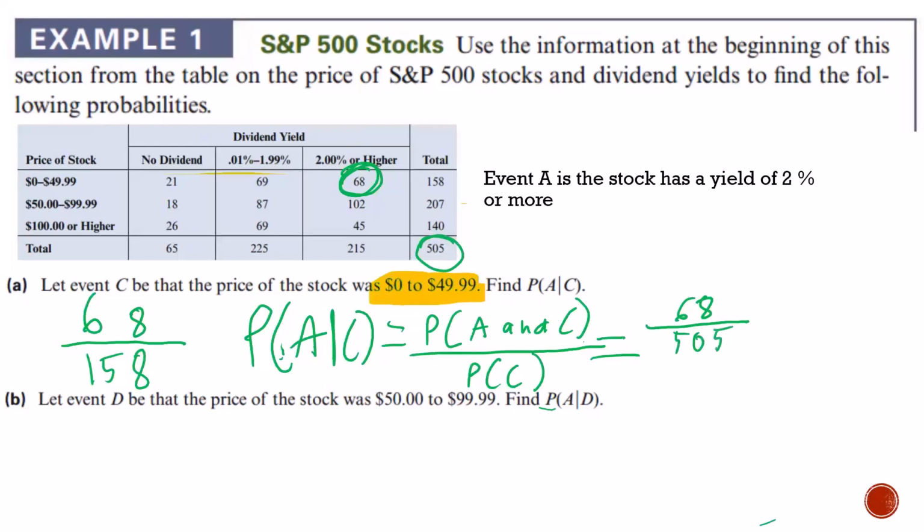Because this doesn't say given, I'm not restricted to that row anymore. Now the probability of C is that I choose any stock that has that price, of which there are 158 out of 505. These numbers in the fraction cancel, and you will get the same answer.